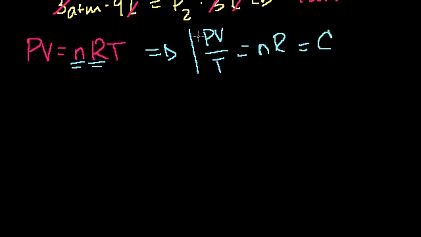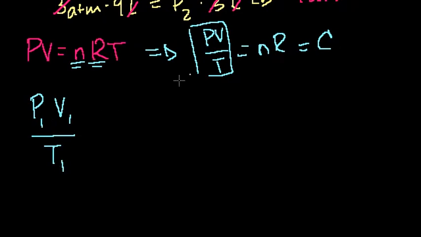This is going to be a constant number for any system where we're not changing the number of molecules in the container. So if initially we start with pressure 1, volume 1, and temperature 1, that's going to be equal to this constant. And if we change any of them, if we go to pressure 2, volume 2, temperature 2, they should still be equal to this constant. So they equal each other.